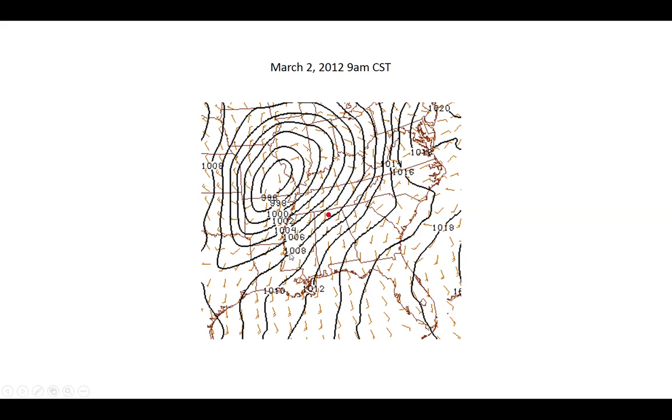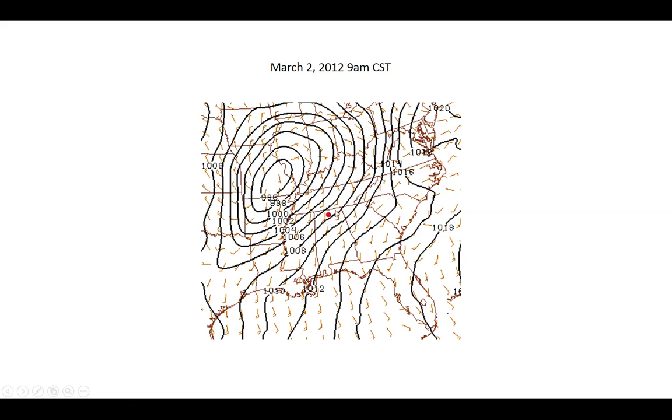It's possible that it could have been detected further back southwest, but anyway, I don't want to digress too far there. The point is that using surface analyses, these little subtleties like this, when you have this discontinuity or this irregular pattern, and then notice because it turns more easterly here, this isobar, this one's slightly as well, but again this one's favored most, it allows the surface winds to be at a greater angle to that area.